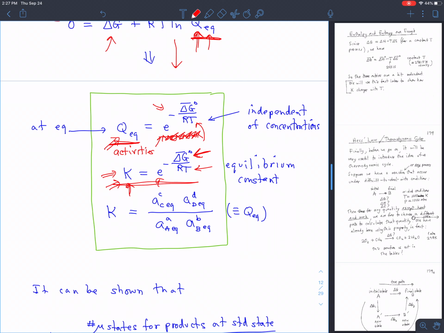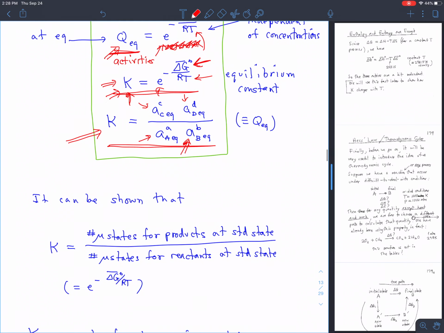And that means altogether that at equilibrium you get this relationship, this expression, which can be used to solve for what the equilibrium activities are, or if you like, the equilibrium concentrations or pressures or other quantities, depending on how you define activities, mole fractions and molality. There's many different ways and many different things that these activities can be related to. And we'll do some examples to see how that works.